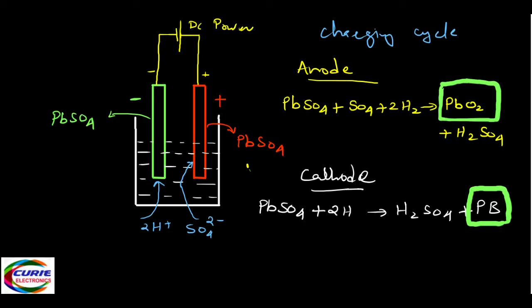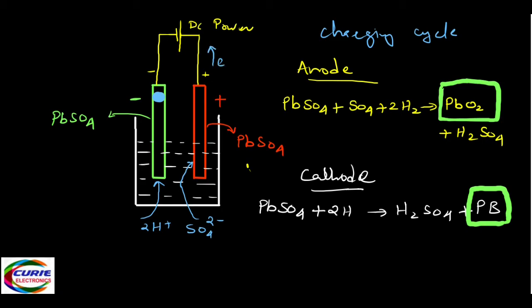Now what happens? There will be a charge imbalance. When there is a charge difference between the cathode and the anode, the number of electrons, positive charges and negative charges are not going to be equal. So what happens?